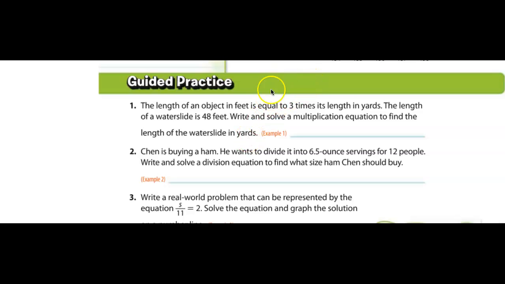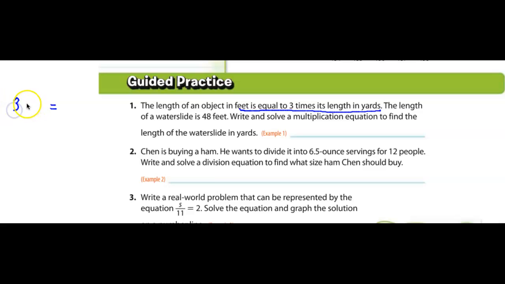Okay, so let's go ahead and look at some important information here. The first thing it tells us is the length of an object in feet is equal to 3 times the length in yards. Okay, so we need to write an equal sign over here.